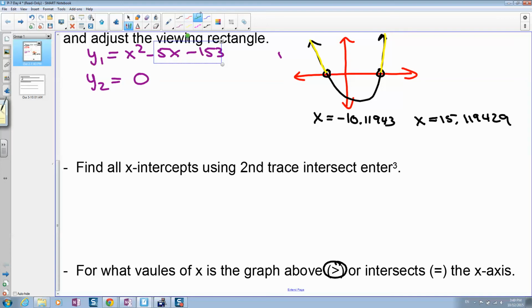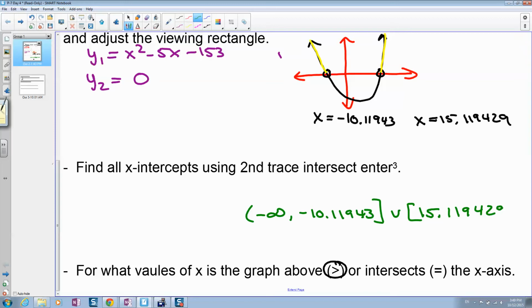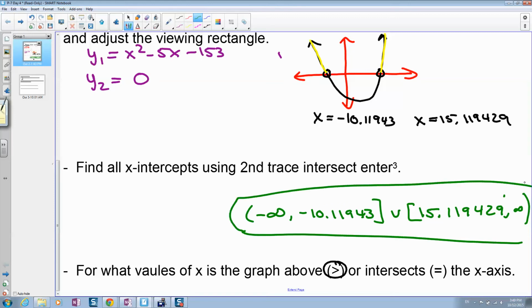So those intervals are from -infinity to -10.11943, bracket because it's equal to, union, and then bracket 15.119429 to infinity. All right, so there is our answer in interval notation.